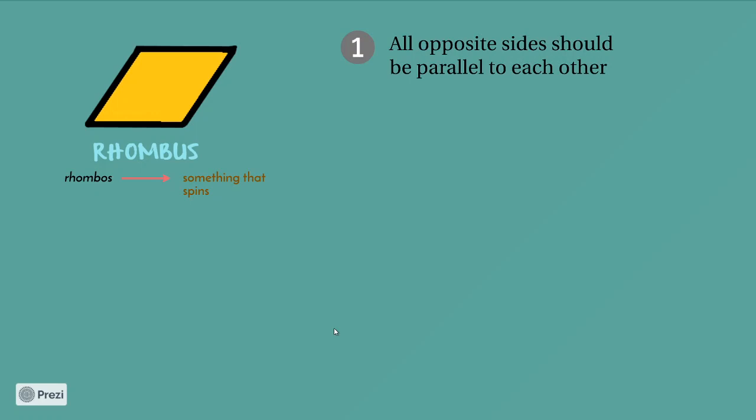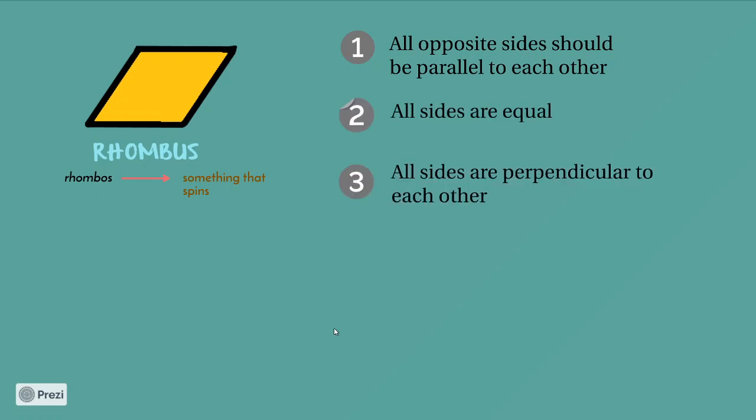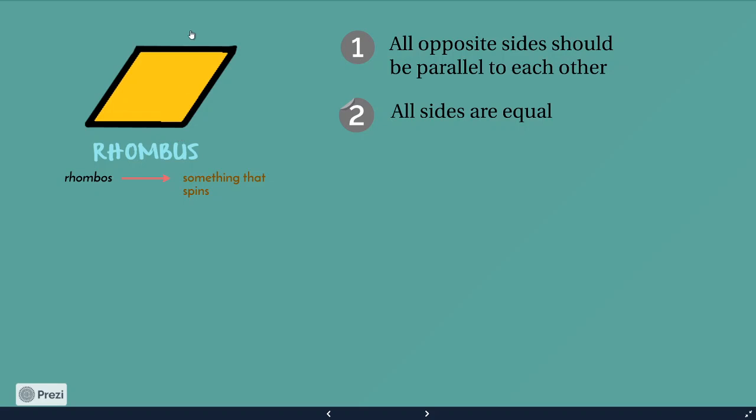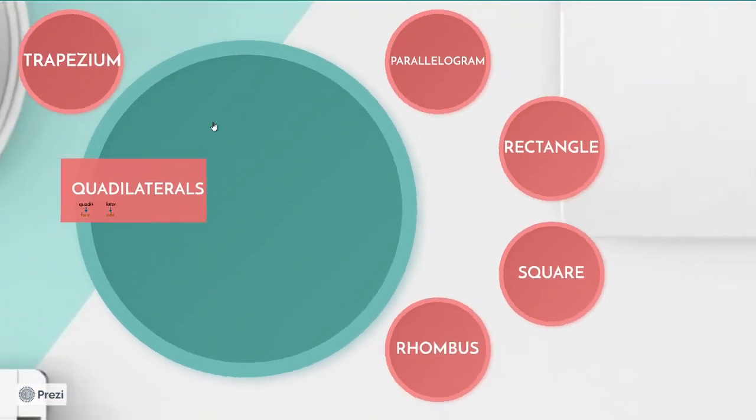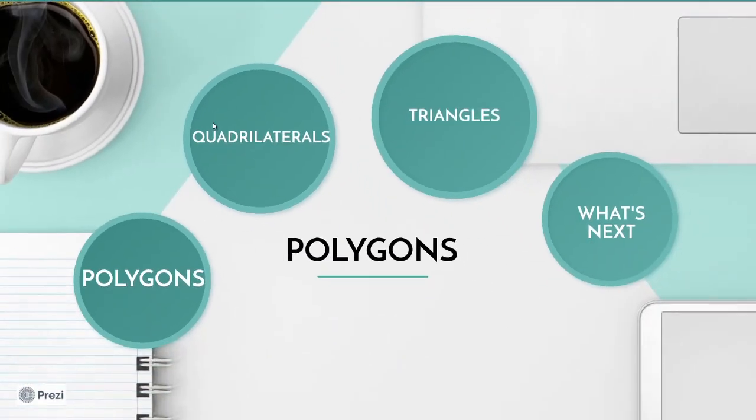It's a special type of parallelogram. All sides are equal, yes, very true. All sides are perpendicular to each other? No, that is not there. Now, if in a rhombus you make all the sides perpendicular, then it becomes a square. Okay, so that is all about quadrilaterals. Maybe not all about quadrilaterals, but these are a few things about them, and in the next video we will see more about it.